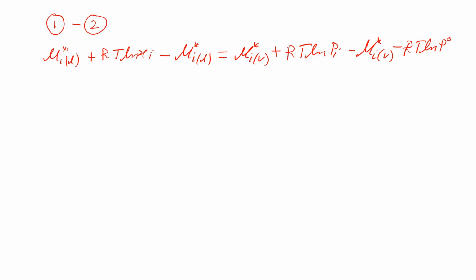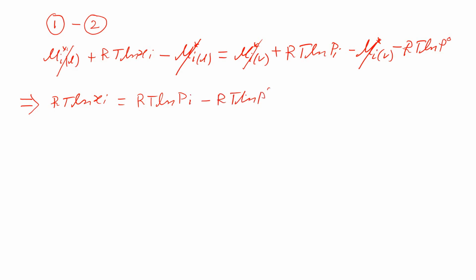So what we are getting? Here you see this one cancels and here these two are cancelled. So what is left over? Left over is RT ln Xi equal to RT ln Pi minus RT ln P naught.